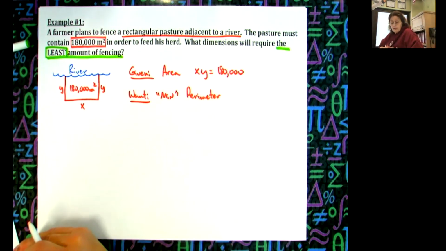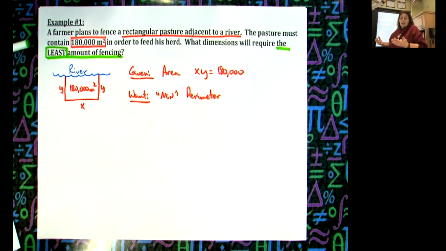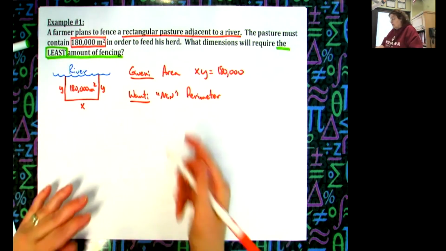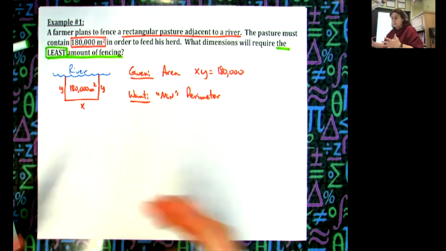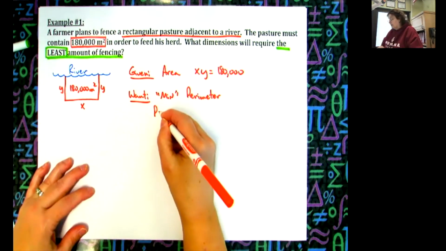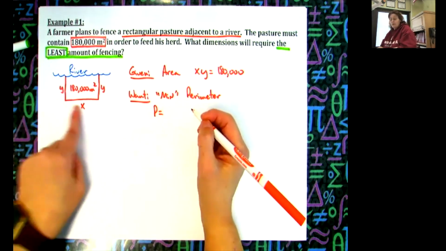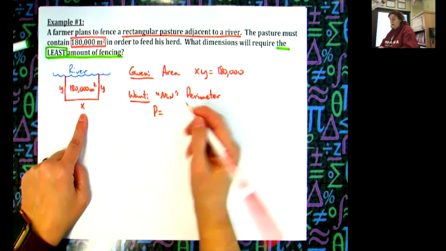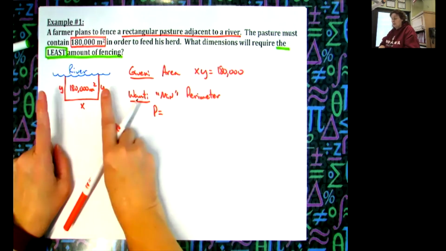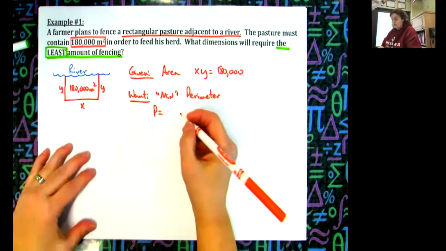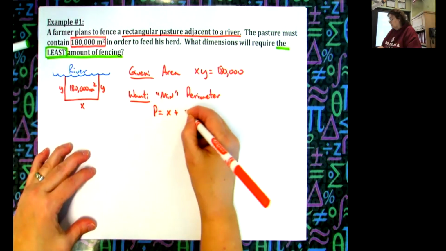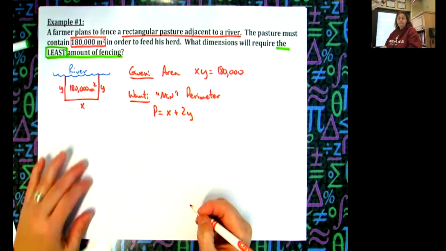Again, I need the equation to go with this. P for perimeter is going to equal, well, I've got an X and two Y's, so it's going to be X plus 2Y.